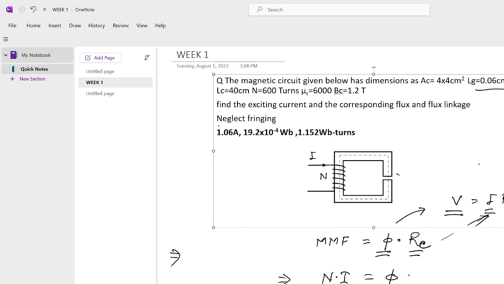You can see the reluctance of this core and the reluctance of the air gap are in series. Since we have neglected fringing, we can say that total reluctance is Rc core plus Rg, this is air gap.